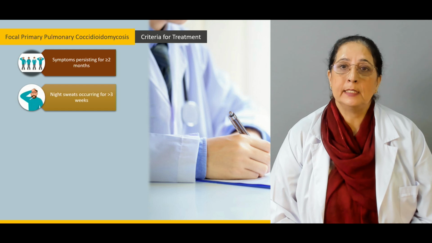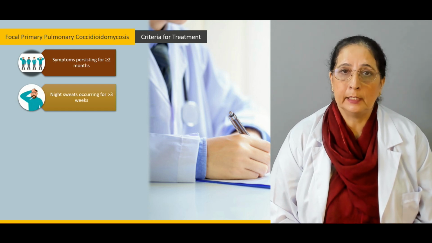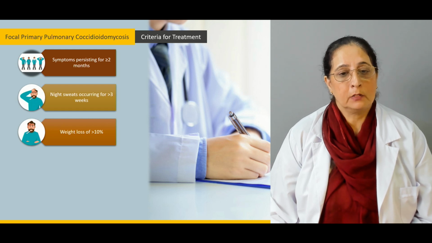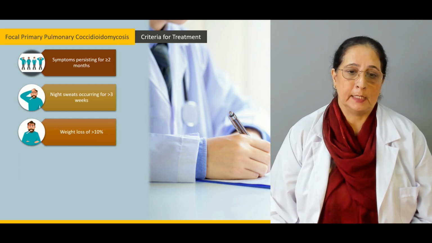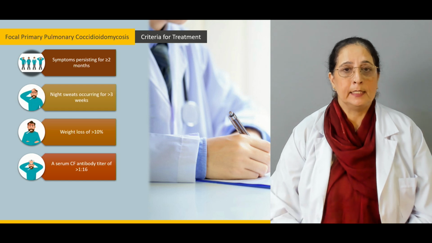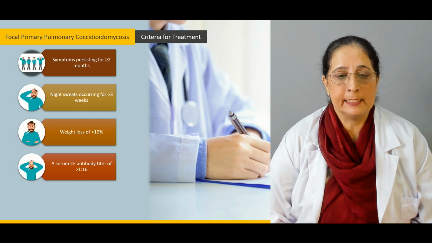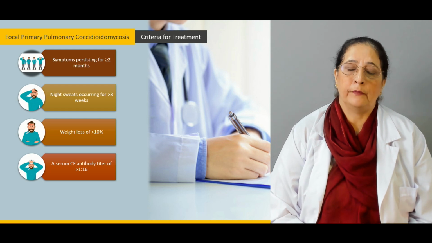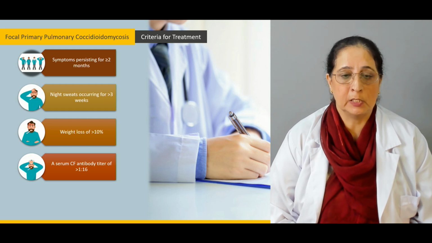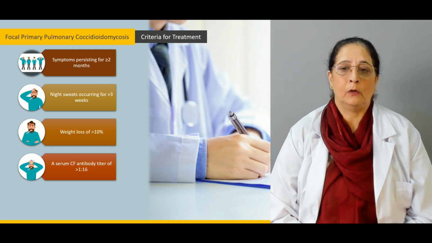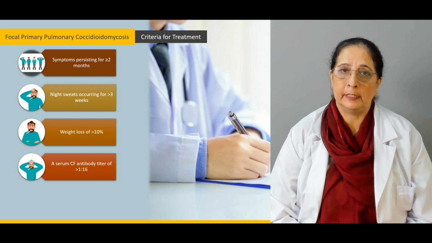Then night sweats occurring for more than 3 weeks. Weight loss of more than 10%, and then a serum complement fixation antibody titer of more than 1:16. So these are all the criteria for the treatment.